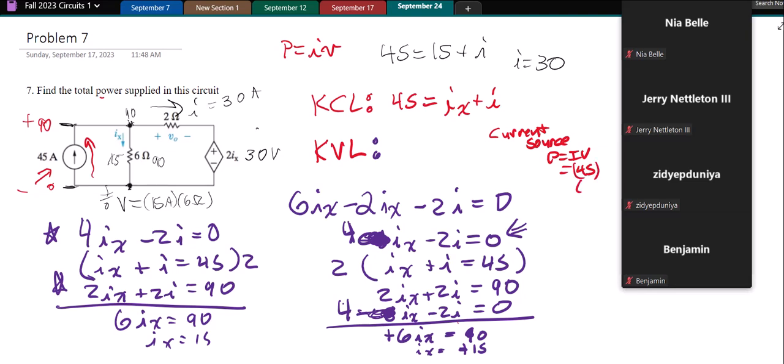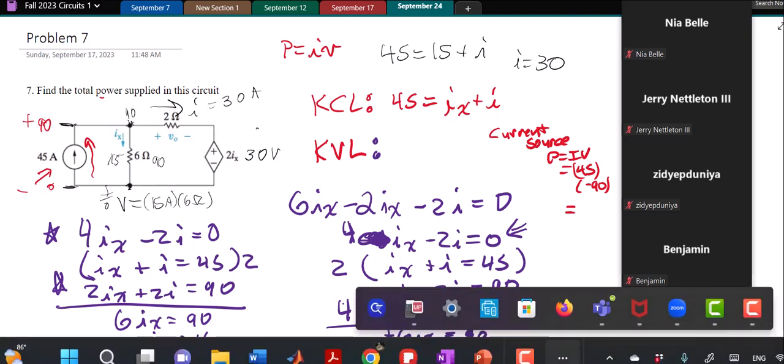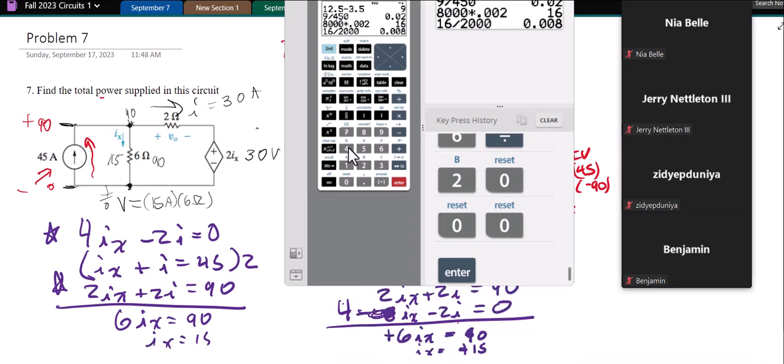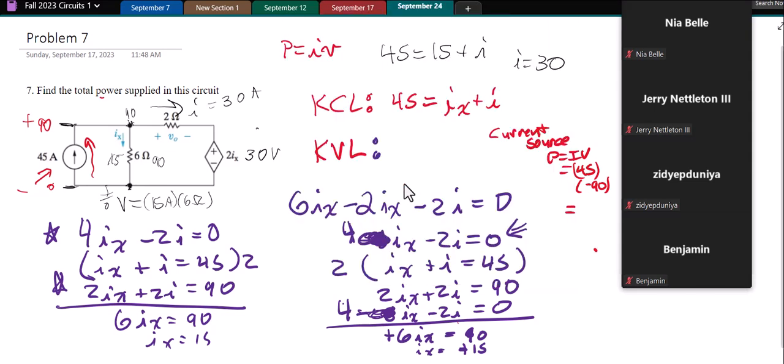The voltage is going to be negative 90 because we're going into the minus side. So 45 times negative 90 is minus 4050 watts, or 4050 watts supplied.